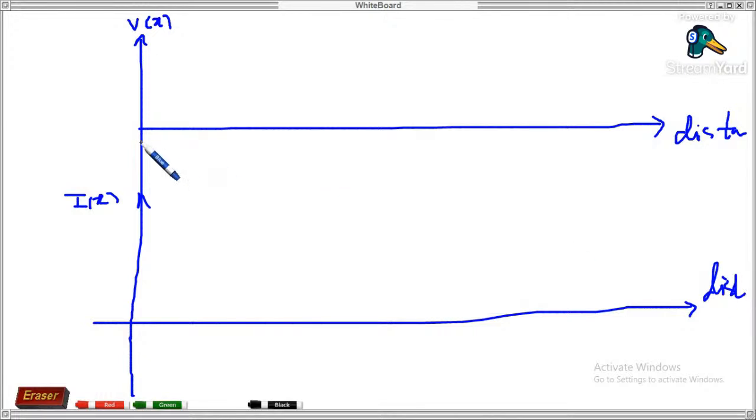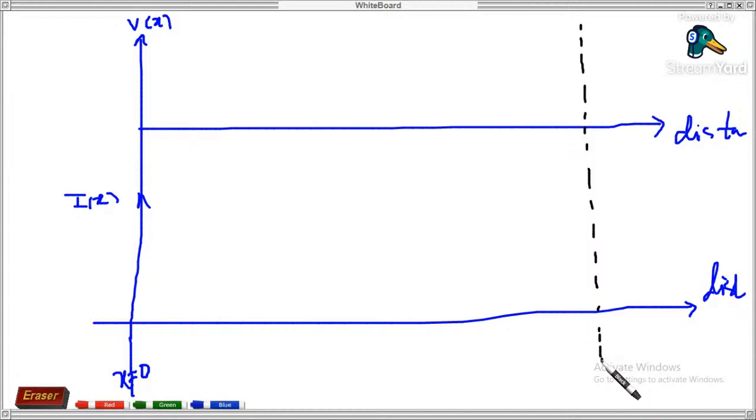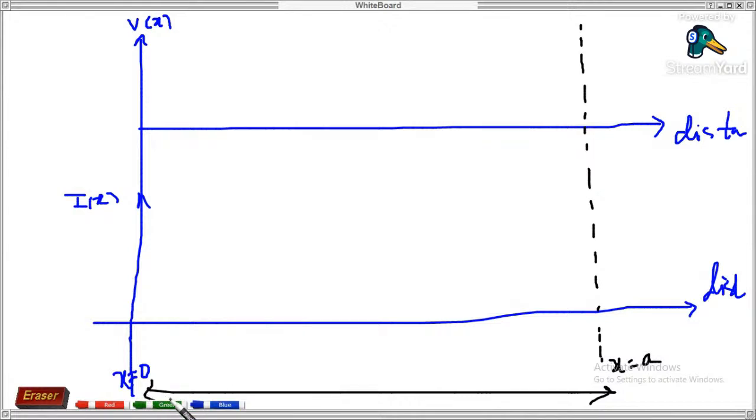Okay, if x equal to 0, this is the sending end side. Here x equal to 0, sending end side. Let the receiving end be up to here, the line is A miles long. Here is the receiving end. So obviously here x will be equal to A, and this distance is A miles.